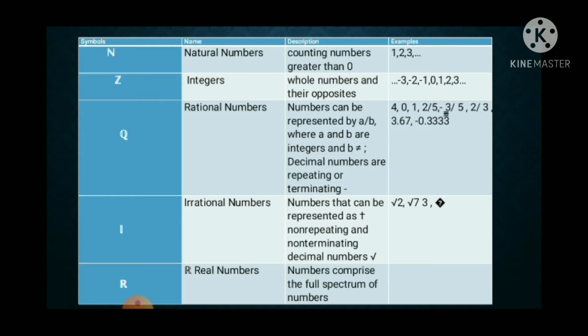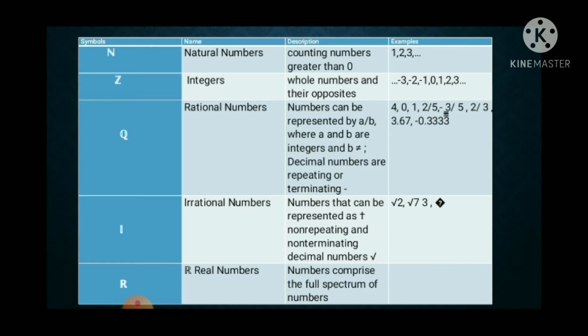That is called the natural numbers. Next symbol is Z. It is called the integers. It is the opposite of the whole numbers. Opposite siya. An example is negative 3, 2, negative 1, 0, 1, 2, 3, and so on. That is integers.